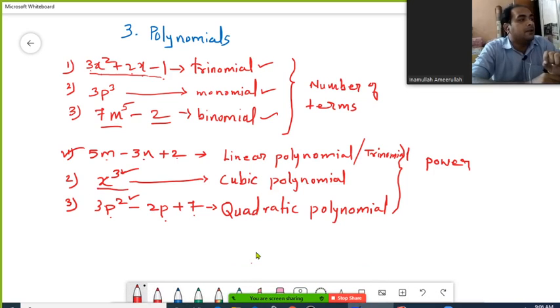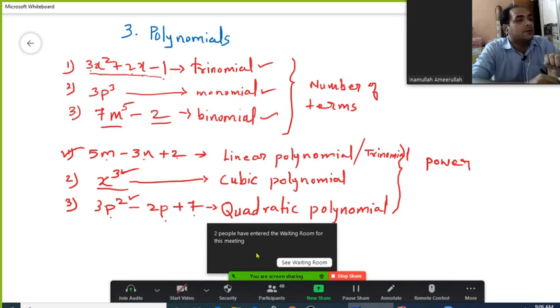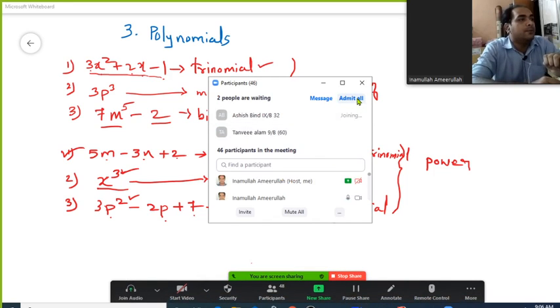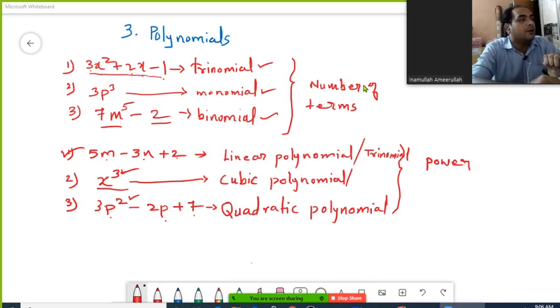This polynomial is called cubic polynomial. So along with cubic polynomial, you can call it monomial, because this polynomial has only one term. And this polynomial has three terms and highest degree is 2.